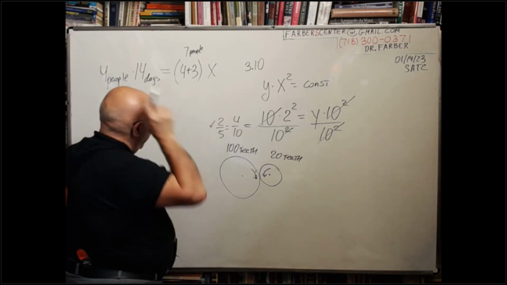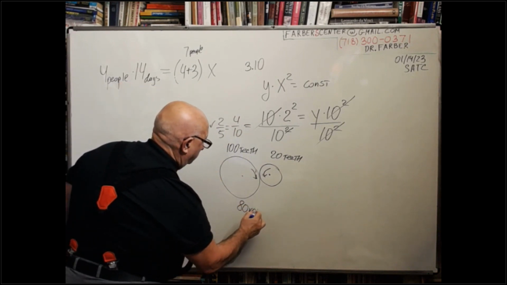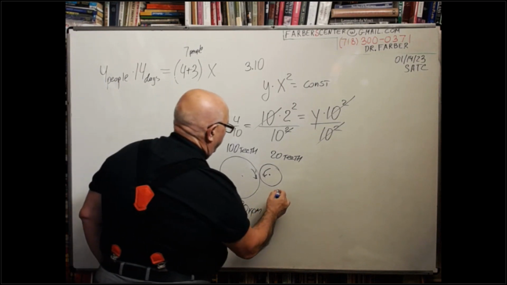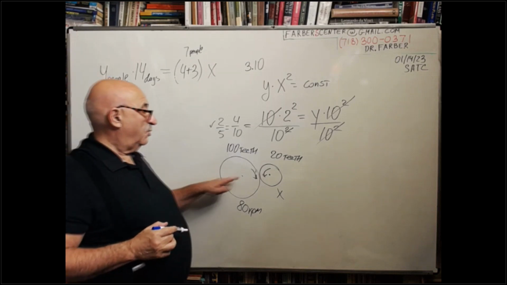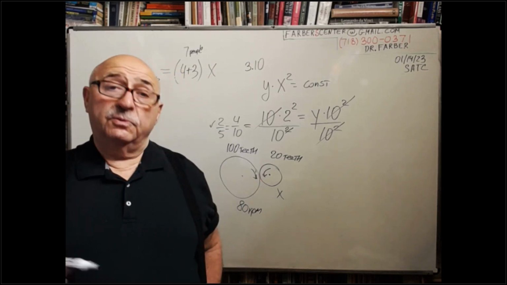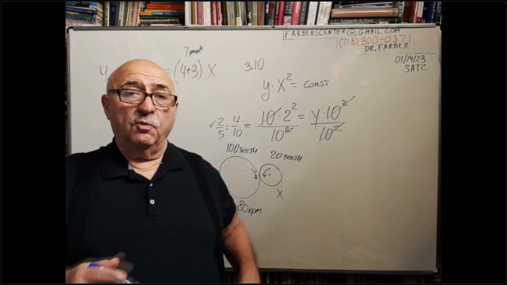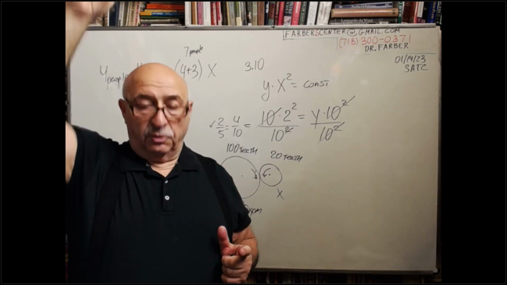And let's say this has 80 RPM. And ask you to find this. Which rotate faster? Smaller or bigger? What do you think? The smaller one. Smaller. So bigger diameter increases, slower rotation.